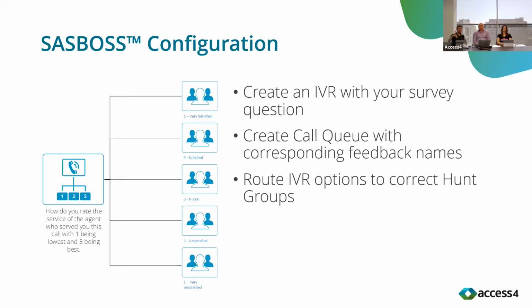If you're just calling them 1 to 5, what's 1? What's 5? When you go back to the reporting, you're not going to remember which one's which. Your customer may not know. So giving them names of satisfied versus unsatisfied, making sure that's accurate across the board is also really key. And then just going back and updating that IVR so it's responding to the correct locations.